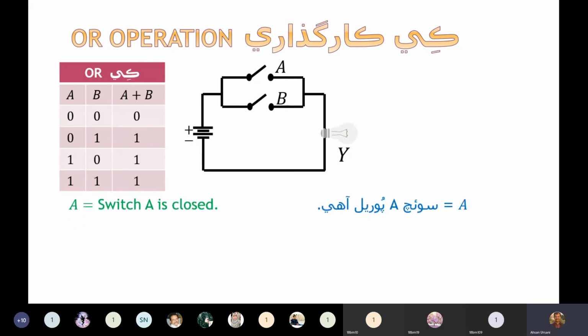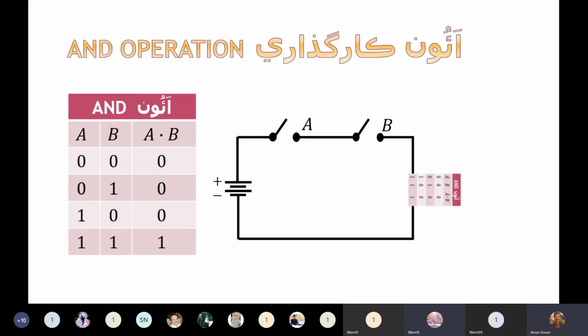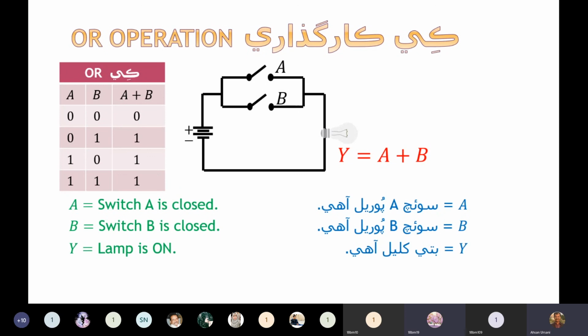A represents switch A is closed, B represents switch B is closed, Y is lamp is on. Now what is the relationship? Y is equal to A or B. Why?